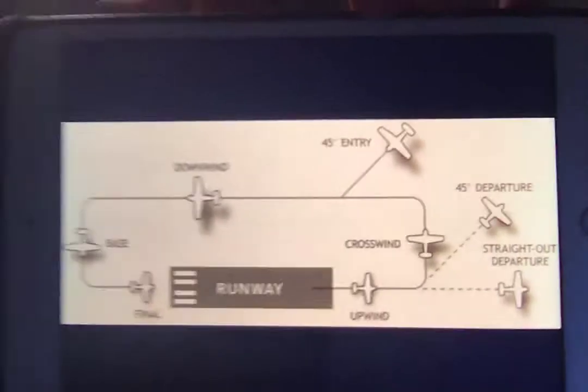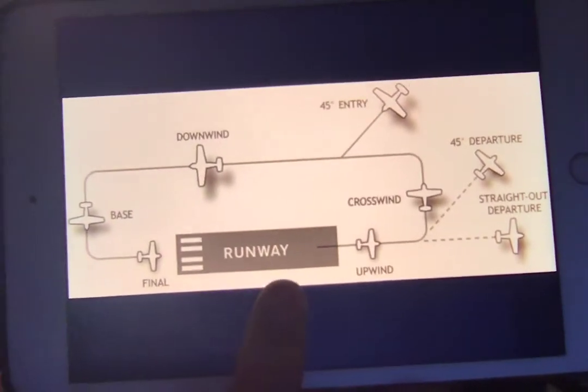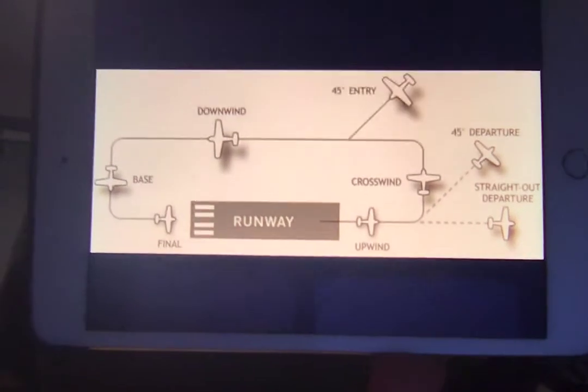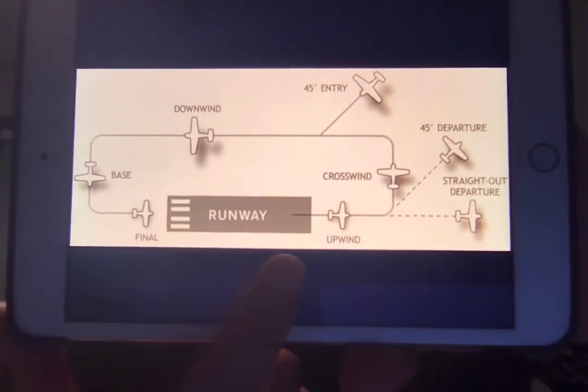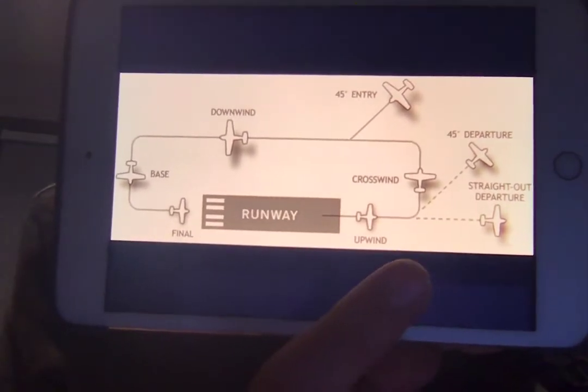So, parts of a traffic pattern. There are five main parts to a traffic pattern. There's the upwind. Right here on the graphic, the upwind is where you take off from the runway and fly straight out. Secondly, we have the crosswind. You take off, fly your upwind, and then the first turn you make is called the crosswind.